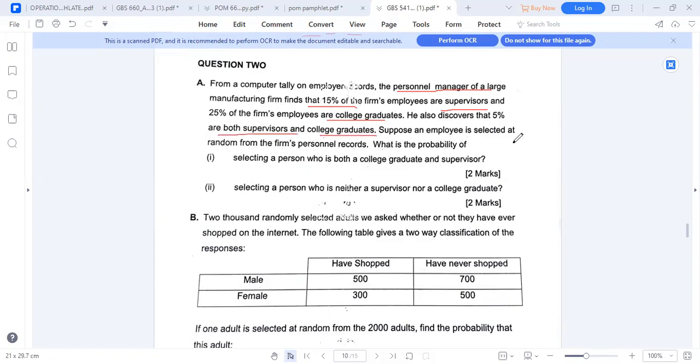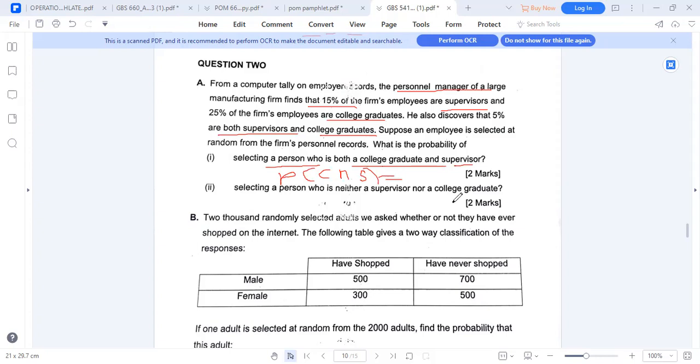Suppose an employee is selected at random from the firm's personnel record. What's the probability of selecting a person who is both a college graduate and supervisor? It's probability of C intersection S, which has been given.